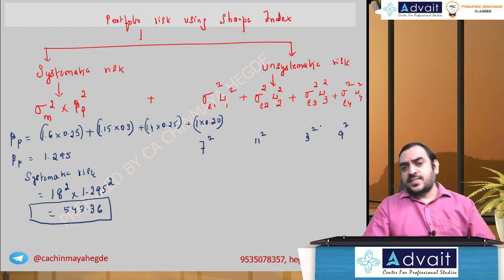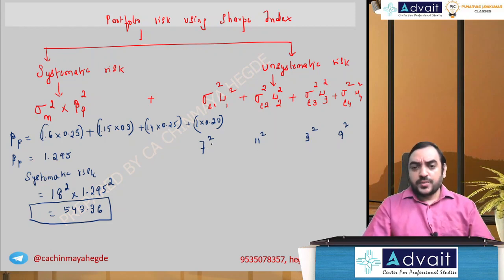These are all unsystematic risk. Square it. Multiplied by weights. Weight we know already. 0.25 square, 0.3 square, 0.25 square and 0.2 square. And do the total at the end. You can use the calculator.